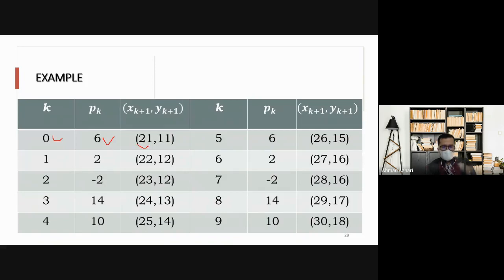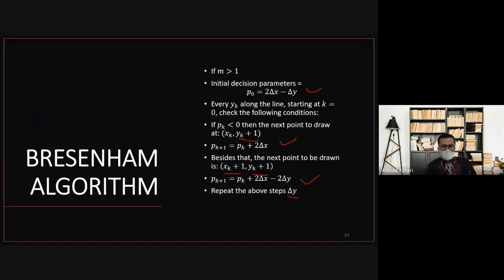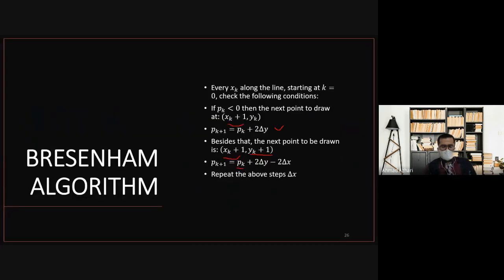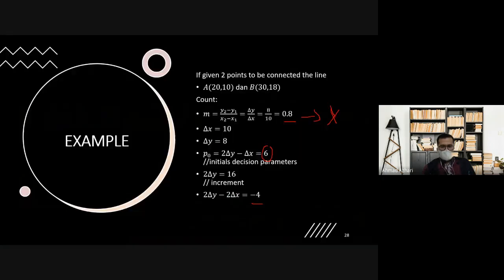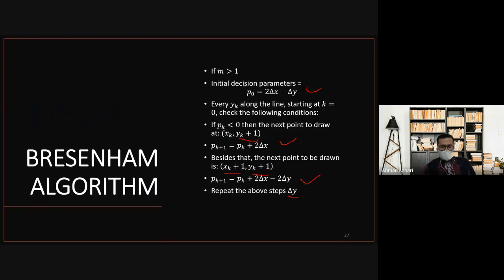And then after this, we use this rule, so the next parameter is the current parameter plus 2 delta y minus 2 delta x.